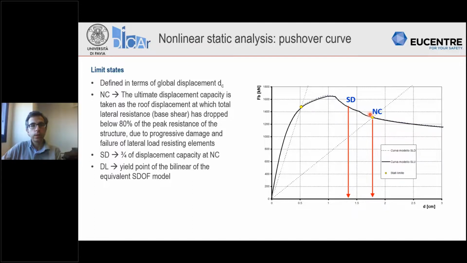Regarding the significant damage limit state, the displacement is calculated as 3/4 of the displacement corresponding to near collapse. Finally, regarding the damage limitation limit state, the capacity is the yield point of the bilinear curve of the equivalent single degree of freedom system.